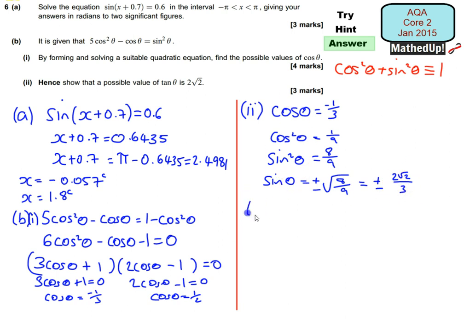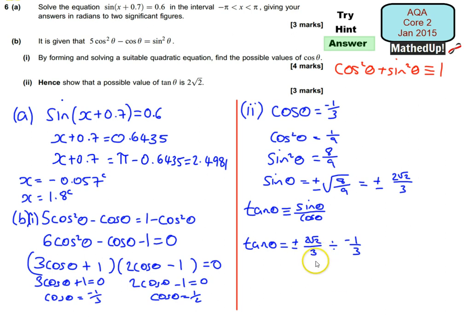Okay, now we've got the identity tan theta is always equal to sine theta divided by cos theta. And so in this particular case, tan theta is going to be equal to sine theta, which is plus or minus 2√2 over 3, divided by cos theta, which is negative 1/3.